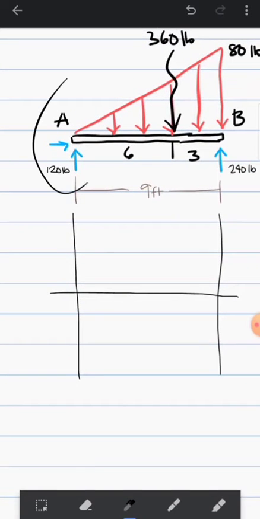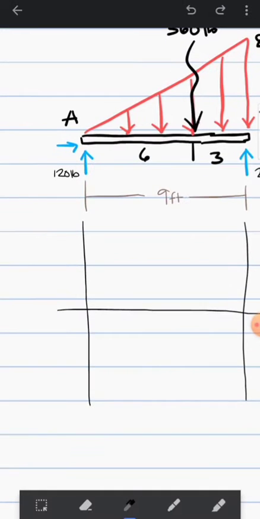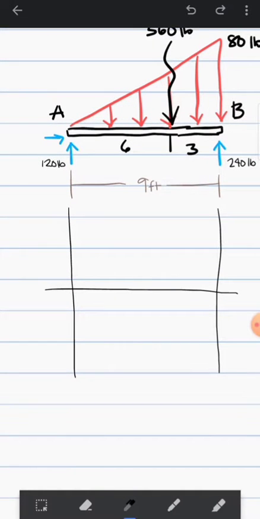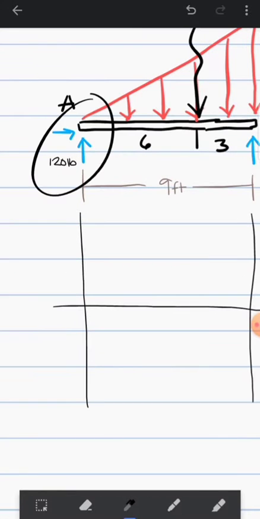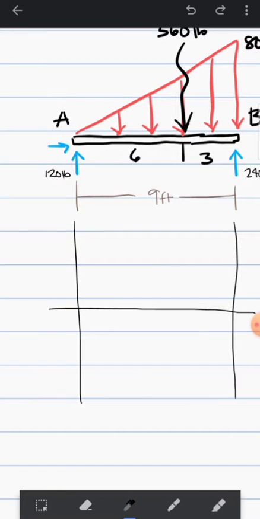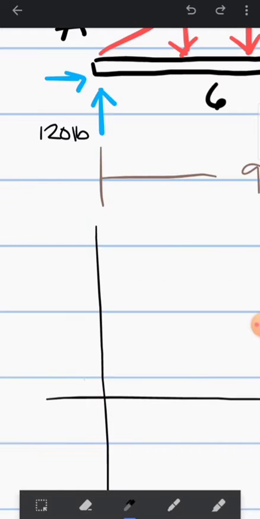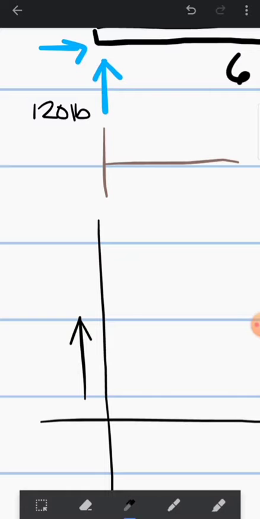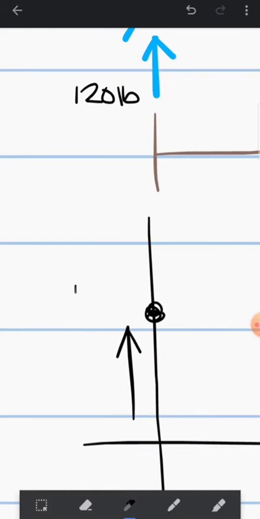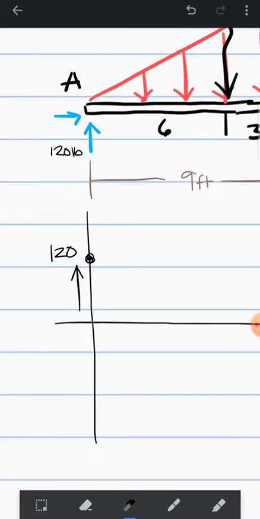At A, meaning at this point, this line here, you can see there is only one force at A perpendicular to the axis of our beam, which is 120. Since we are going from left towards right and 120 is going upwards, we'll just rise up to 120. So our first force here is just 120.